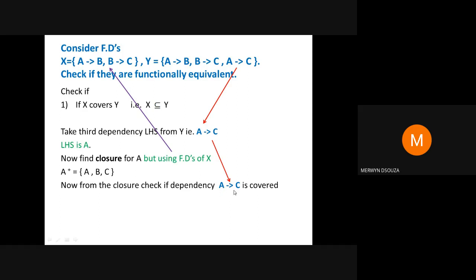A determines C will be covered if C is present in this closure. C is present here, so the A closure contains C. Therefore, we conclude that A determines C. Since we have checked all the FDs of Y, we can conclude that X covers Y.